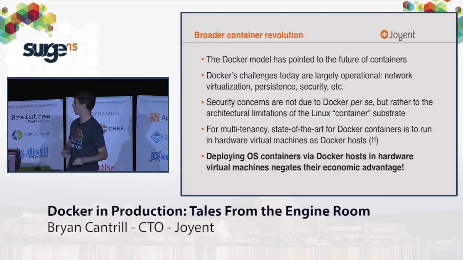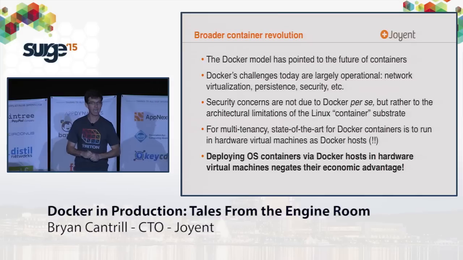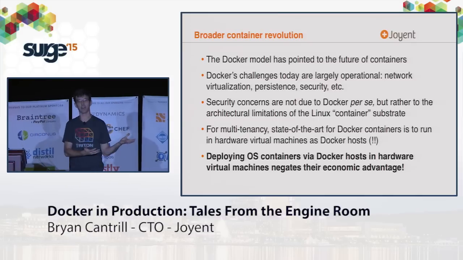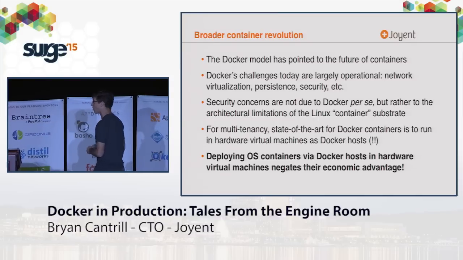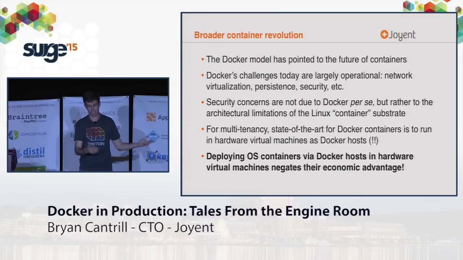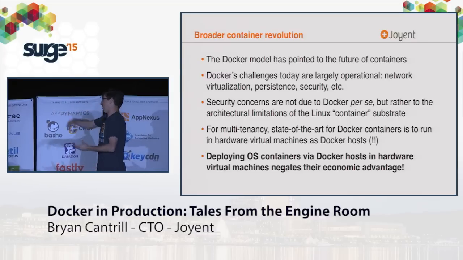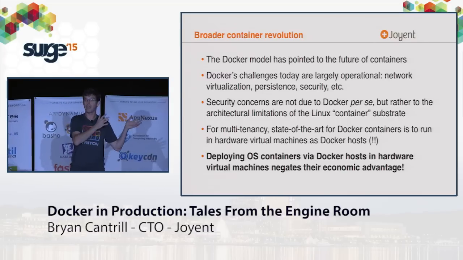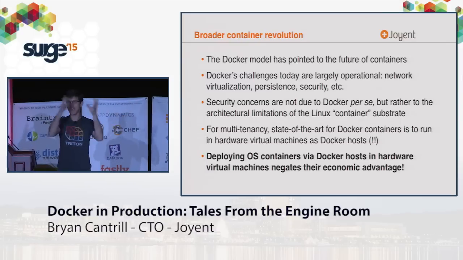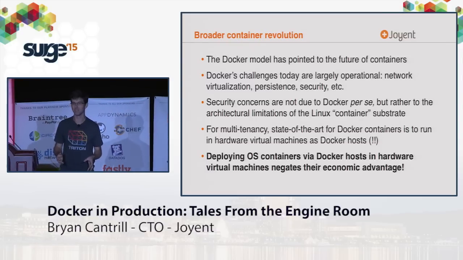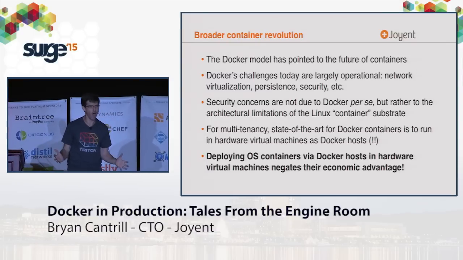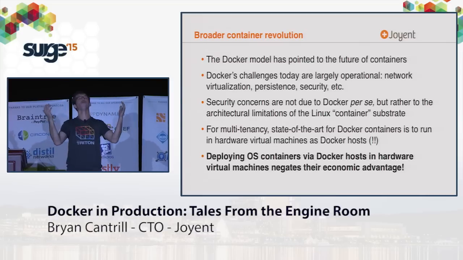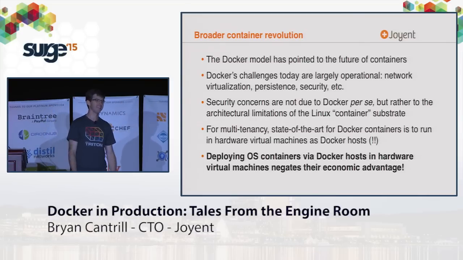They were not born secure, and what we have now, unfortunately, is a world in which people love Docker, but now we're trying to figure out how to run it securely, and it's like, well, I can't run it securely, containers aren't secure, so I guess the only thing to do, for multi-tenancy and so on, I'm actually just going to deploy my Docker containers in a hardware virtual machine, in a VM. No! God is so upset.